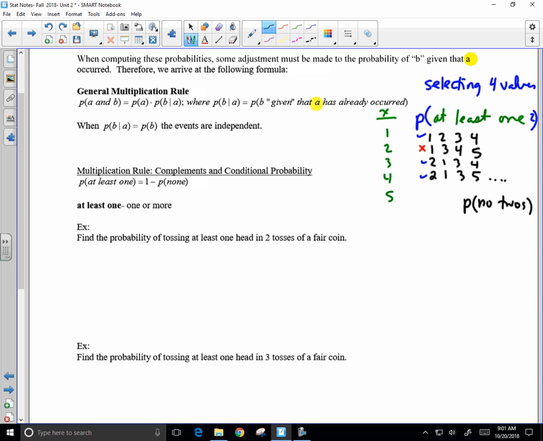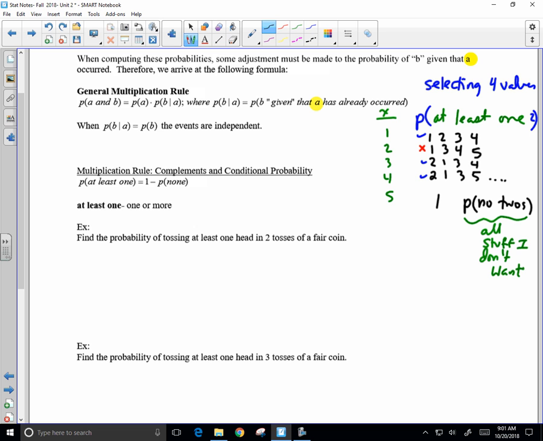So this is what I don't want. All the stuff I don't want. The complement rule that we talked about last class tells us that if I don't want a particular set, remove it from the total, and whatever will be left over is what I do want.